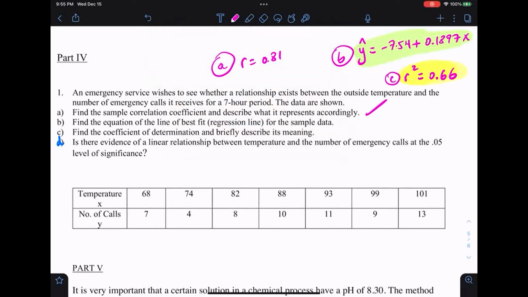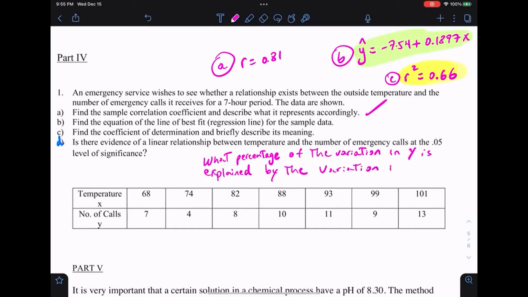Well, the coefficient of determination represents what percentage of the variation in Y is explained by the variation in X.